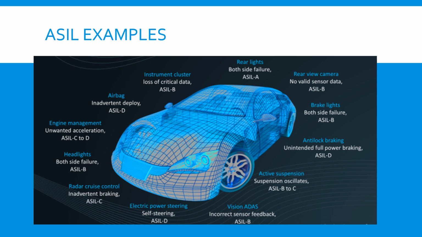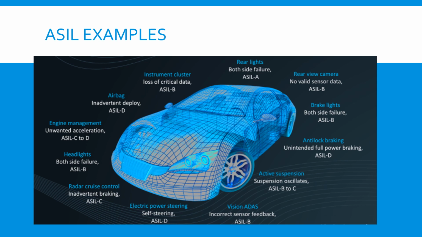You will have the airbag as a system, engine management as a system, headlights as a system, radar cruise control as a system, electric power steering as a system, vision ADAS as a system, active suspension as a system, anti-lock braking as a system. So these are all the systems.